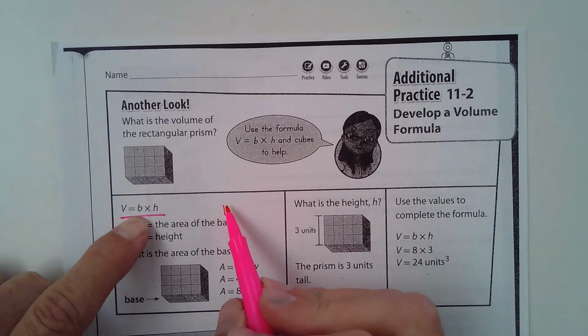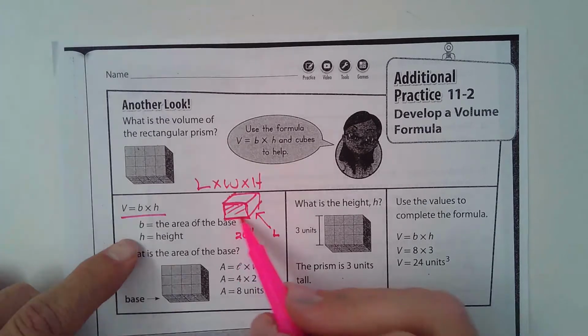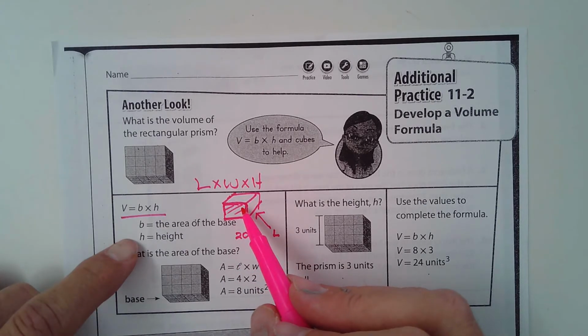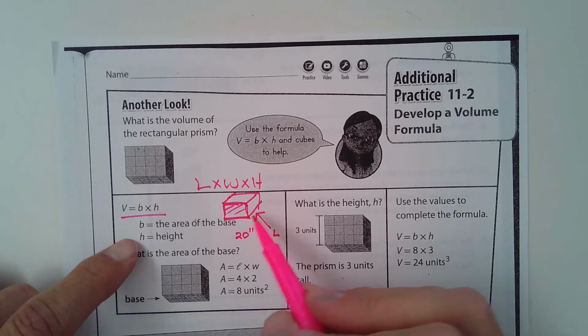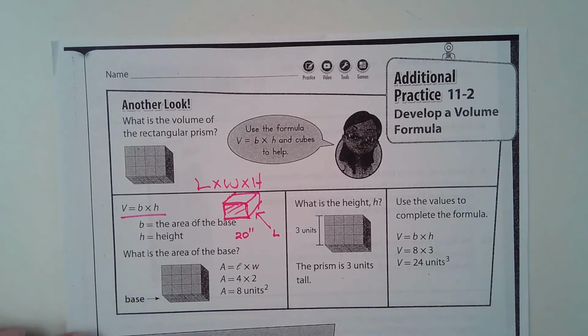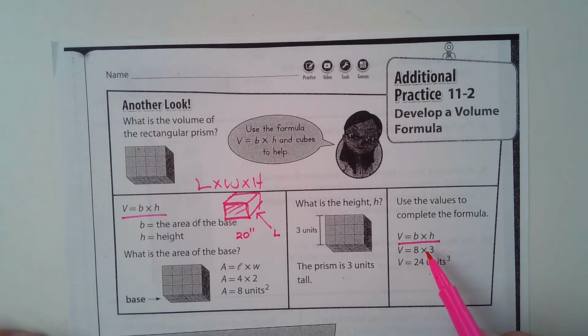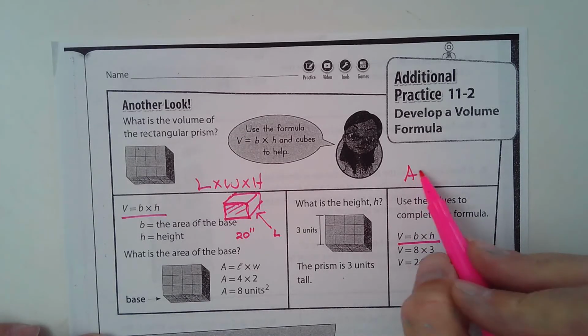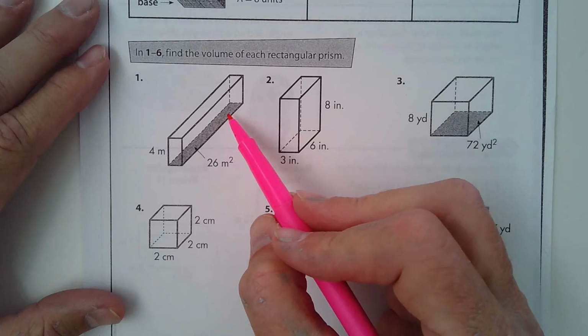So if I drew something, and let's say the area of the base was, I don't know, let's say it was 20. We'll say 20 inches, but then I turned it into sort of a prism. It's just going to be the height or the length, depending on how you want to look at it, times the base.